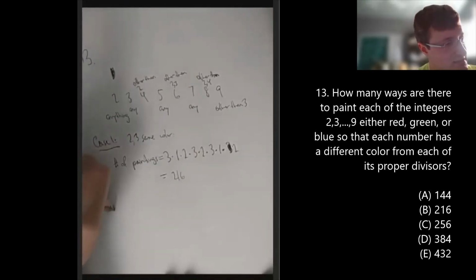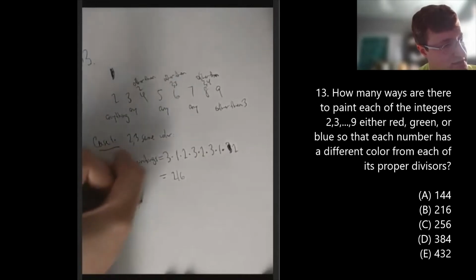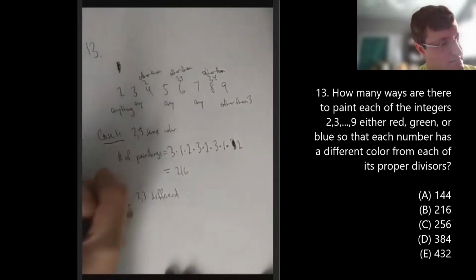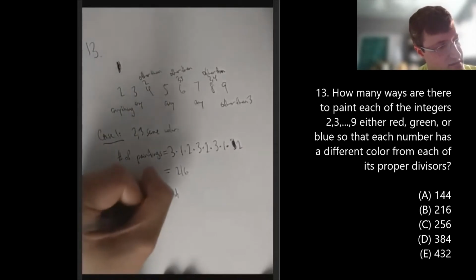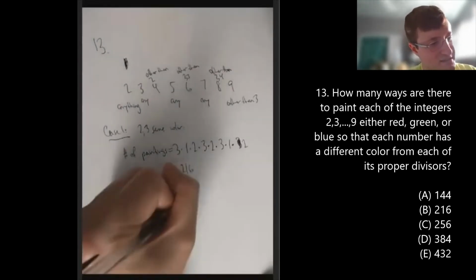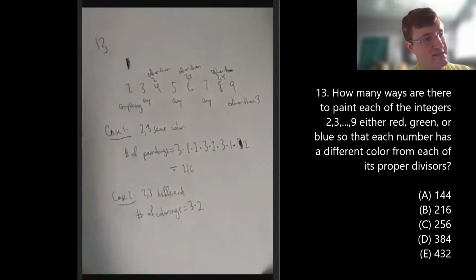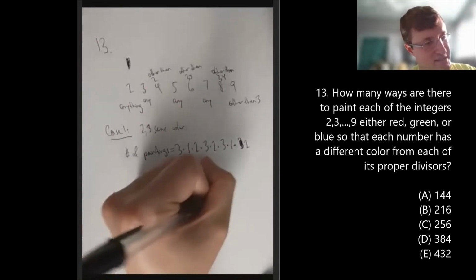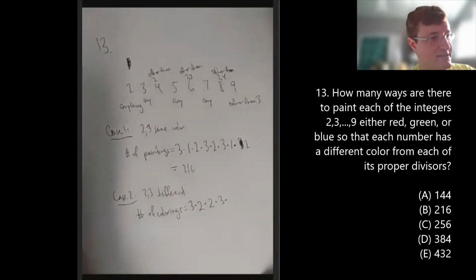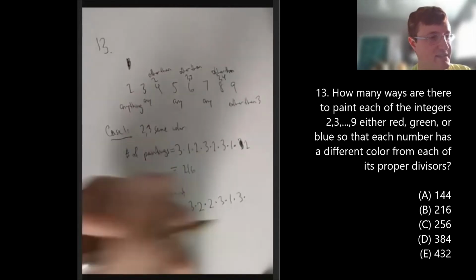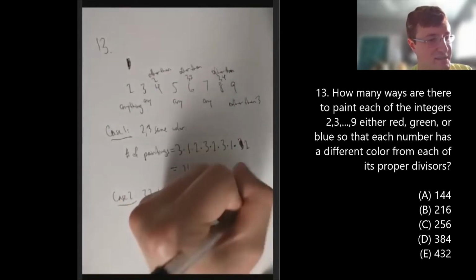Okay, and then case 2, 2 and 3 are different colors. Okay, so then the number of colorings is, okay, so 2 can be anything. 3 has to be something other than what 2 is, so 2 choices there. 4 can be anything other than 2. 5 can be anything. 6 can be anything other than 2 and 3, but 2 and 3 are different colors, so there's just 1 choice there. 7 can be anything. 8 can be anything other than 2 and 4, but again, that's just 1 choice.